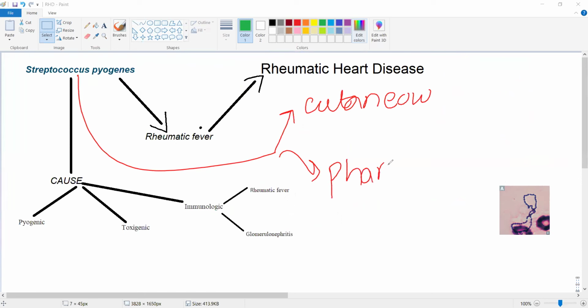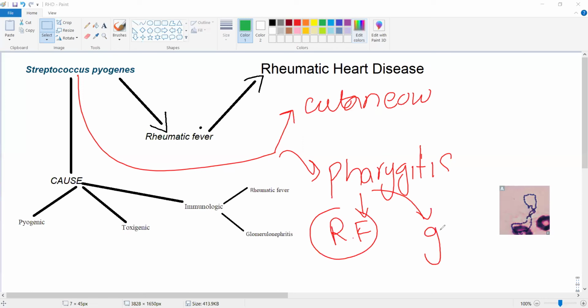Pharyngitis mainly increases the risk of rheumatic fever, but it also leads to glomerulonephritis.